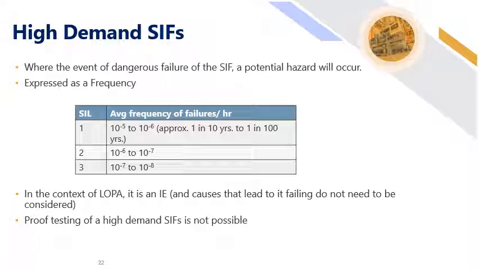SIL 2 goes from 1 in 100 demands to 10 to the minus 6, 10 to the minus 7, and SIL 3 equivalent goes 10 to the minus 7, 10 to the minus 8 range.